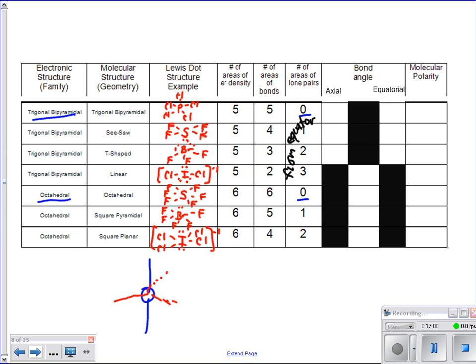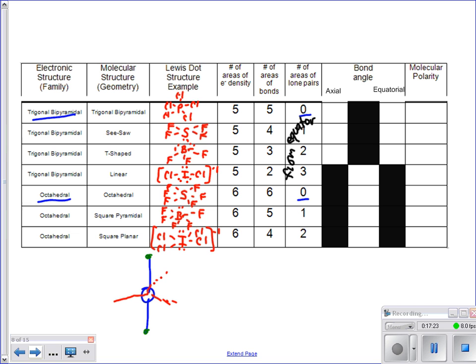Now, if we think about our bond angles, oh, I never did bond angles on the last one. Okay, so I'm going to put my straw back on for a second. Notice that since we have our axis and our equator, we really have two different bond angles that we can talk about. Again, my fingers are holding on to the axis.